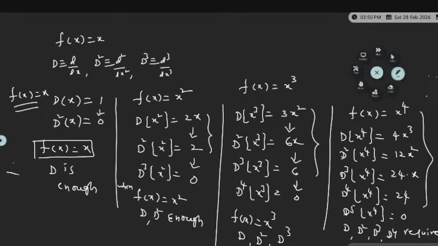If it is a second degree polynomial, D and D square both are required. And you will understand this concept once I solve a few problems.